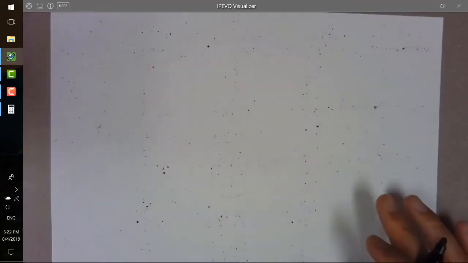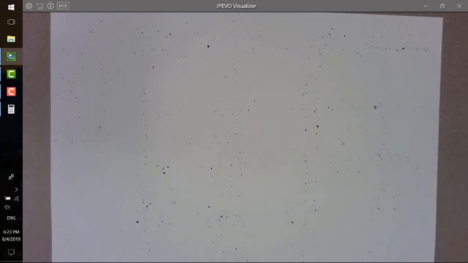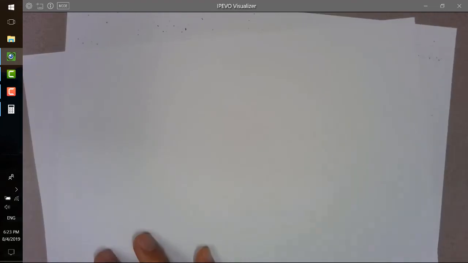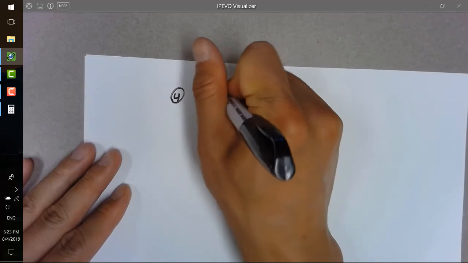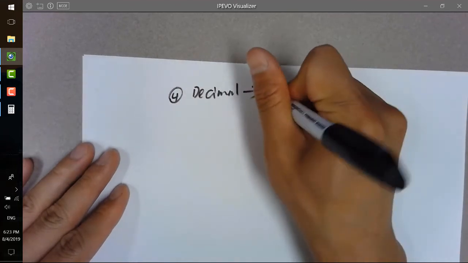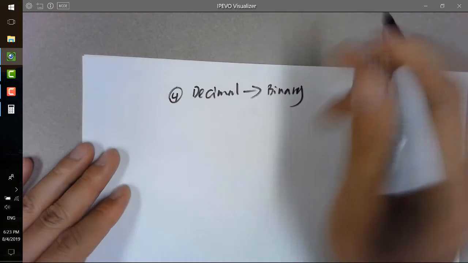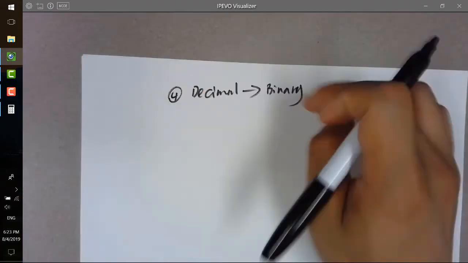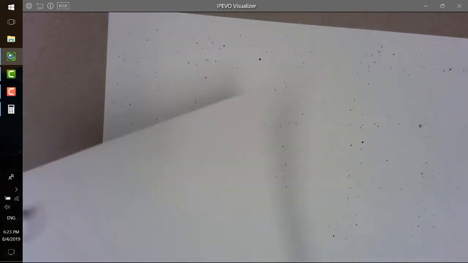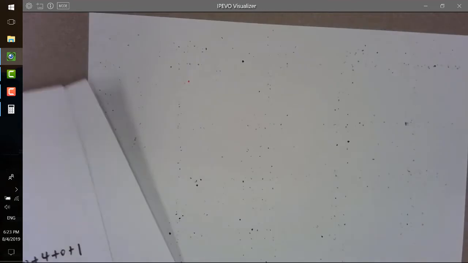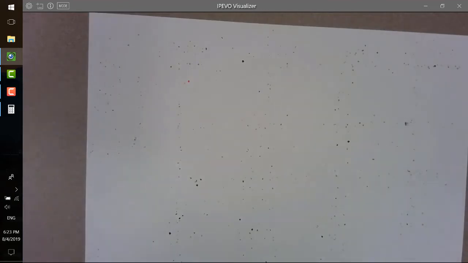Decimal to everything is a little bit tricky, but we will get it done. Don't worry about that. So decimal to hex, number 4, will be decimal to binary. When you convert anything from decimal, it starts getting more complicated. So let's do it later.